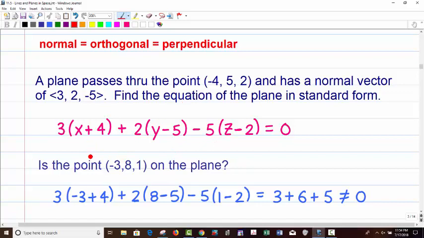So we have x minus -4, which is x plus 4, y minus 5, z minus 2 equals 0. Now here's a question. Is the point -3, 8, 1 on the plane? Well, this is kind of a rule. You don't need to use any fancy ideas for this.